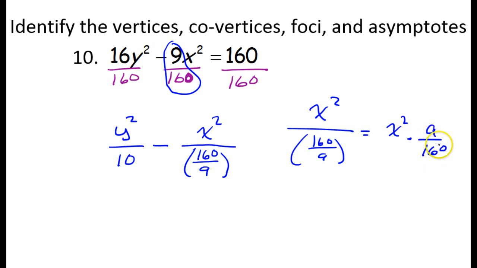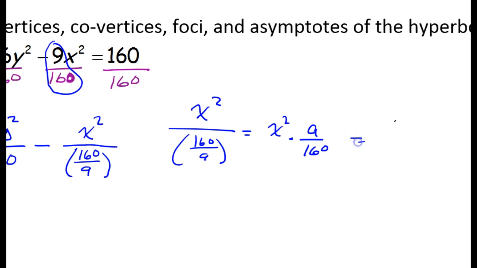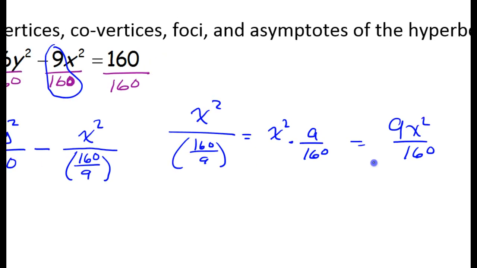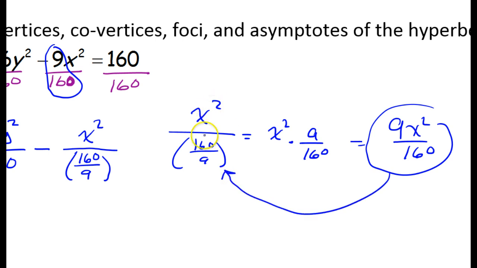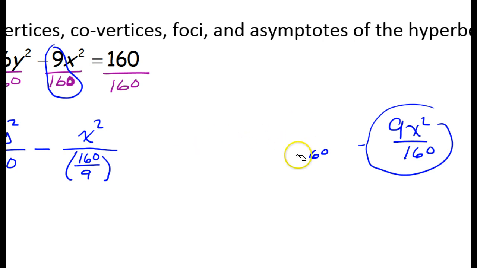All right, you multiply by the reciprocal. And wouldn't this be the same thing as 9x squared over 160? So working backwards, 9x squared over 160 is the same thing as x squared divided by this fraction, 160 over 9.